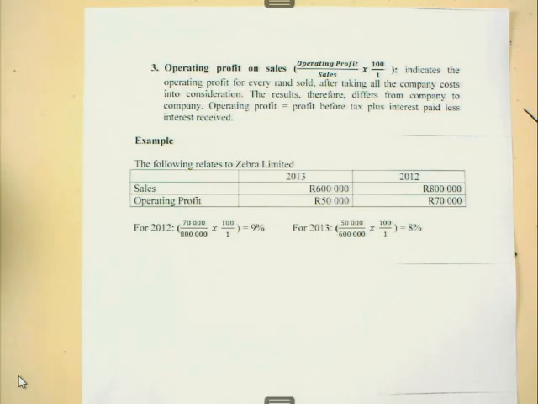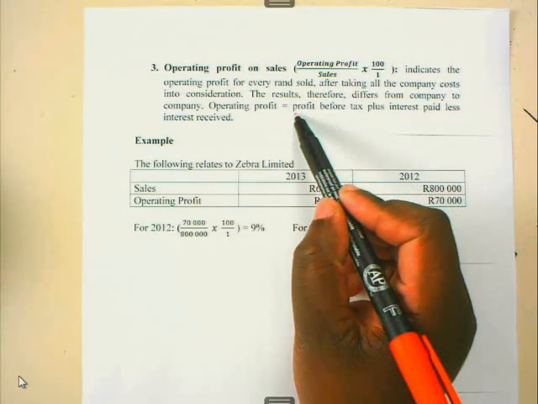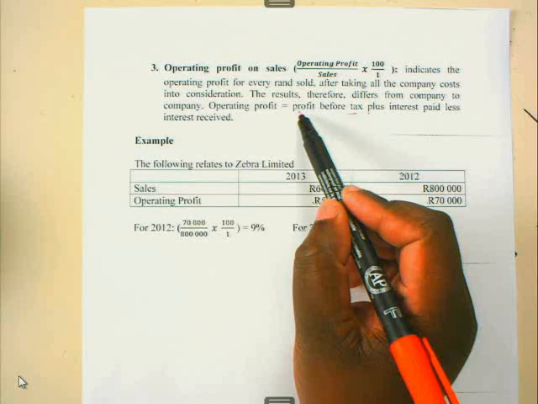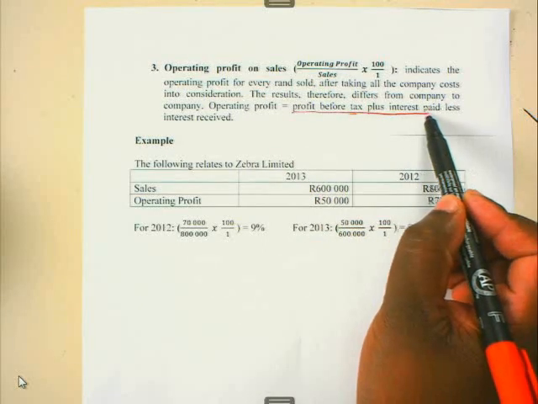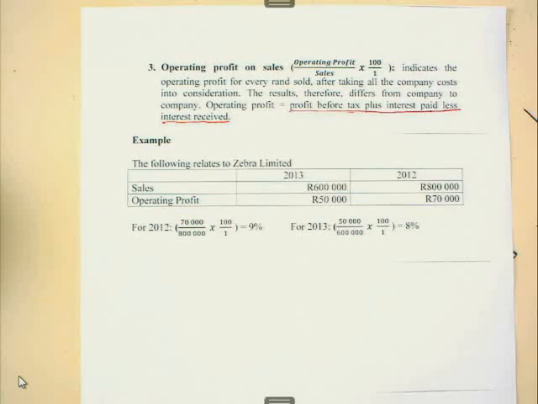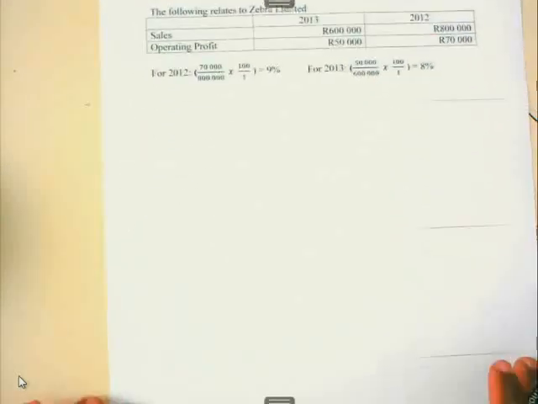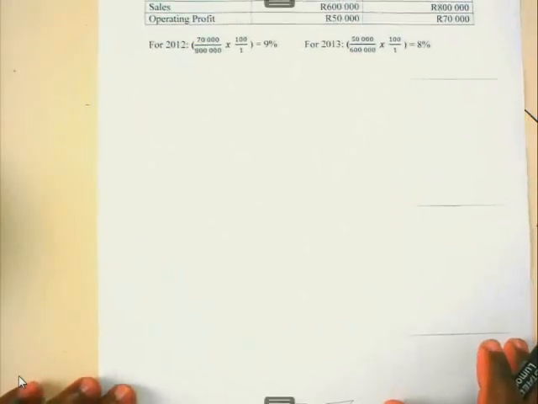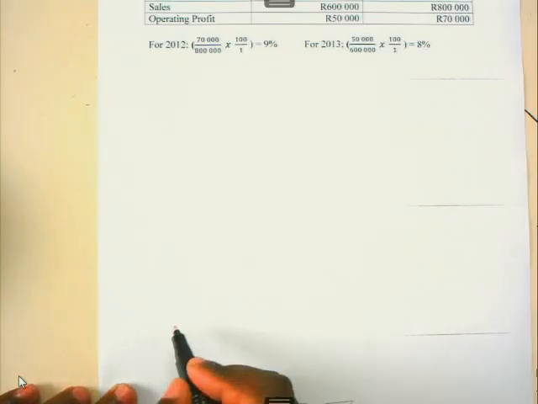How do you get the operating profit? If it's not given, our operating profit will be profit before tax plus the interest paid, minus the interest received. This is the last portion of your income statement.